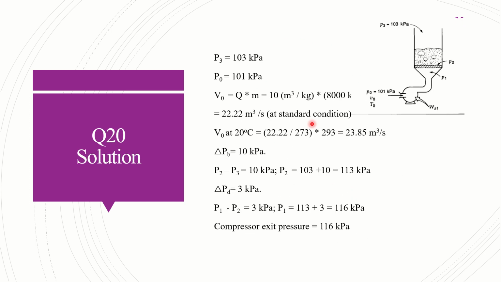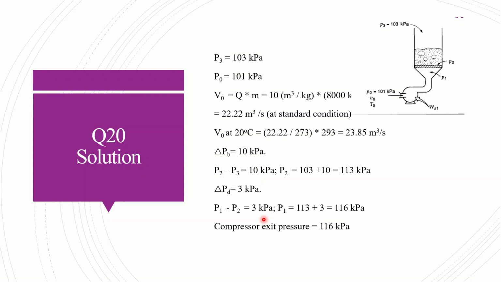So we add up all these things: 103 plus bed pressure drop of 10 plus 3. 113 plus 3 gives us 116 kilopascal. So the pressure of the outlet gas from the compressor is 116 kilopascal. That is, the inlet to the bed is at a pressure of 116 kilopascal.